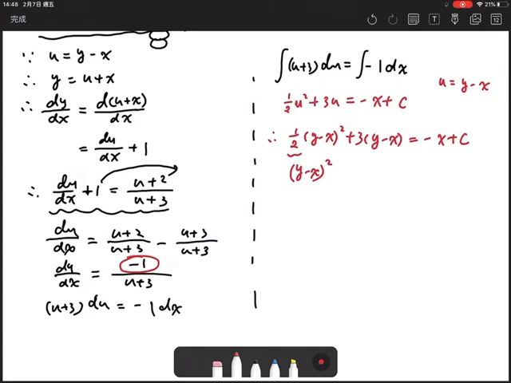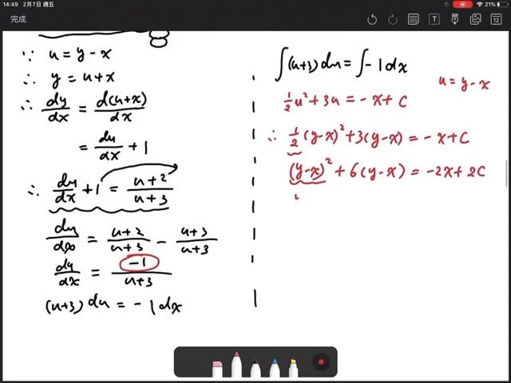So it will be y minus x bracket squared plus 6 times y minus x equals -2x plus 2c. Actually, for the final answer in your textbook, it doesn't do expansion for y minus x, so we keep it as y minus x bracket squared plus 6y minus 6x.